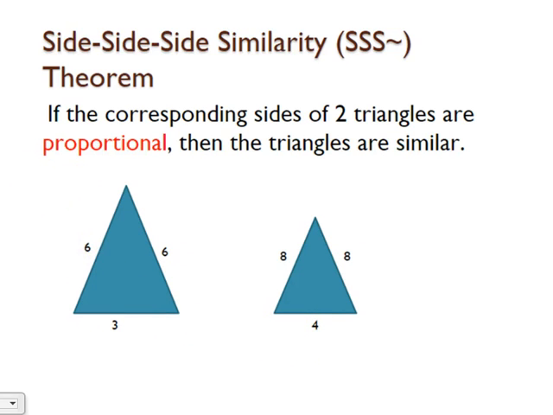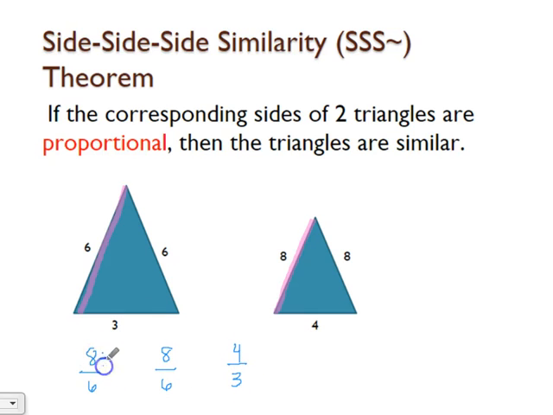Let's see in this case, 6 and 8, we can say that that is 8/6, and our next ratio is the same thing, we have another 8/6, so we know that those are definitely going to reduce down to the same scale. And last but not least, we've got 4/3.